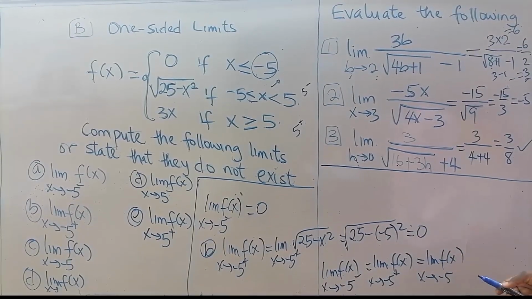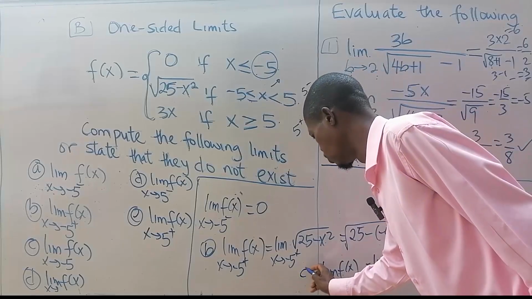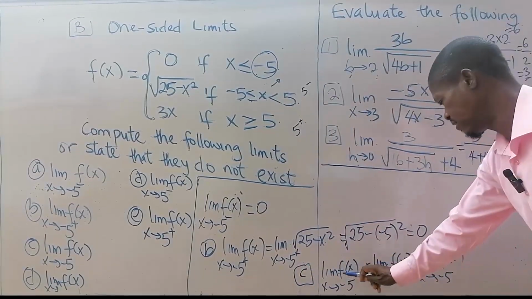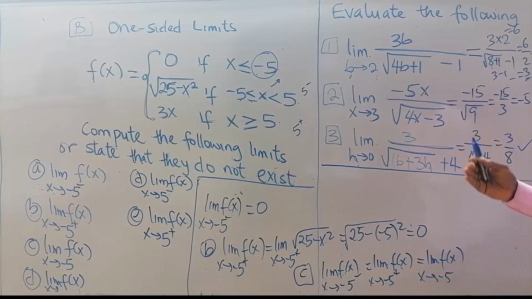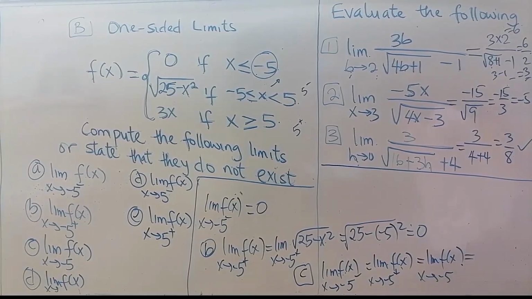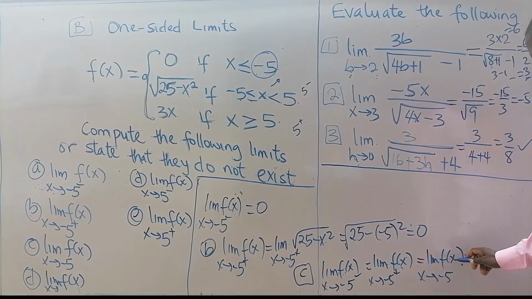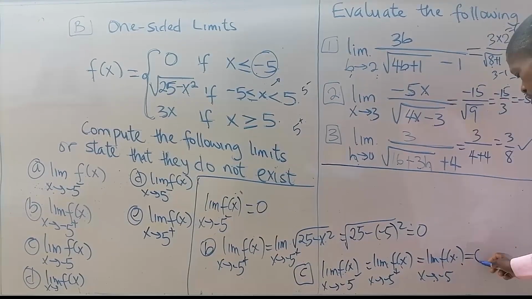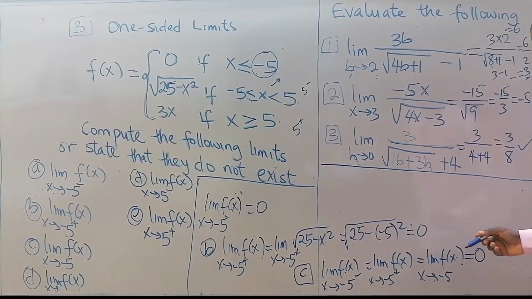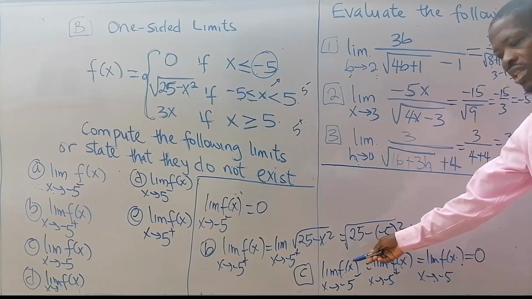So that's what we need for the c. We need to know that the left side must equal the right side if the limit exists, and at the same time must equal this. So that means that the limit of f of x as x tends to minus 5 is also equal to 0. Okay, because that's the condition for the limit to exist.